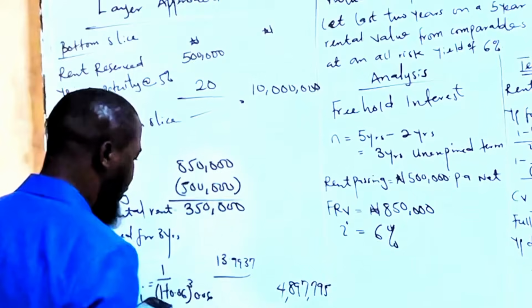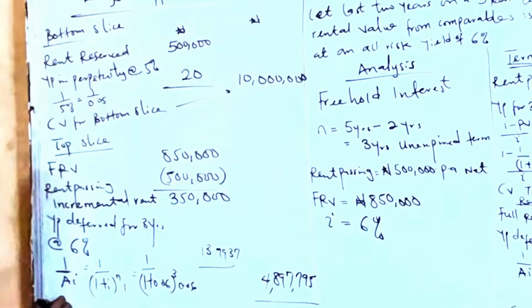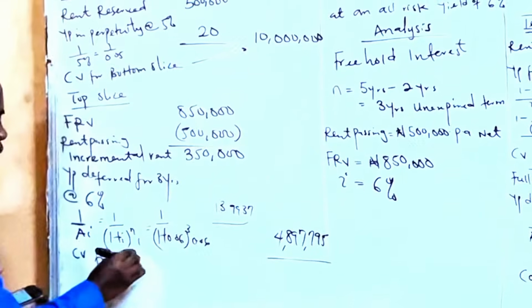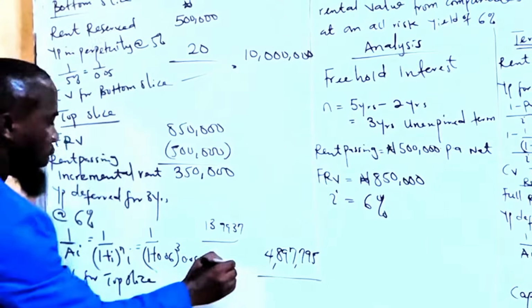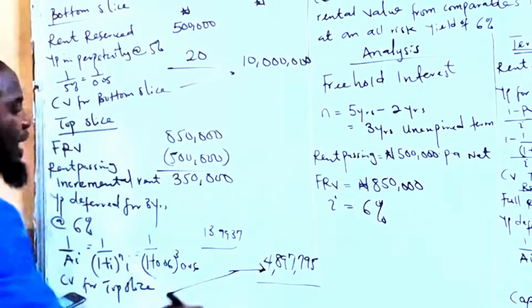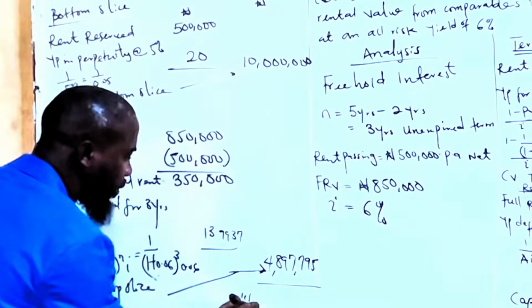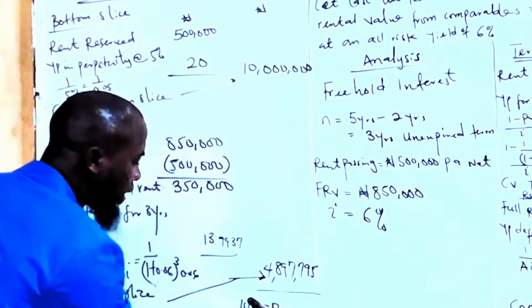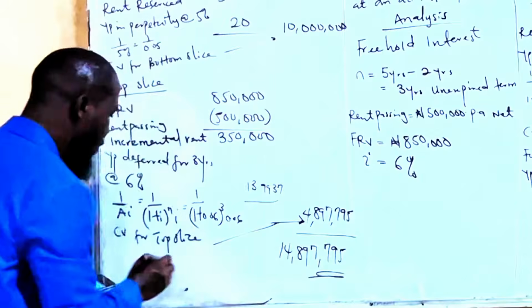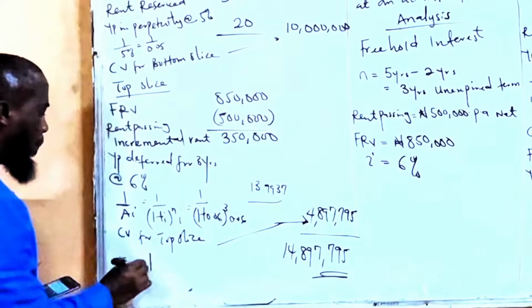So add the two values together. This is the capital value for the top slice, this value. So when we add it together we have 14,897,795 as the capital value of that property.